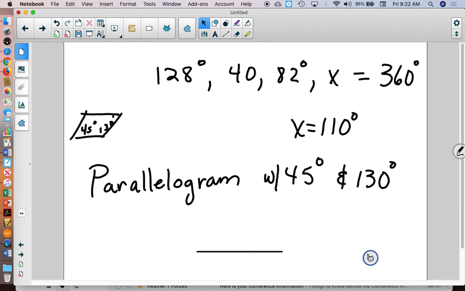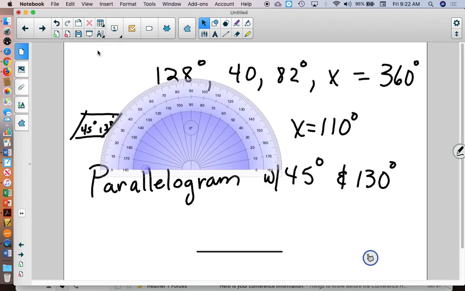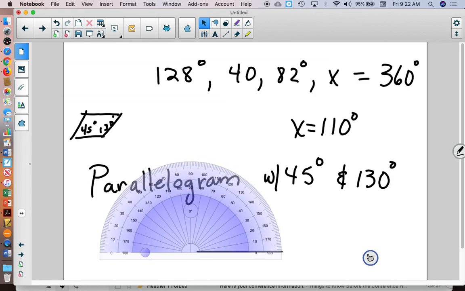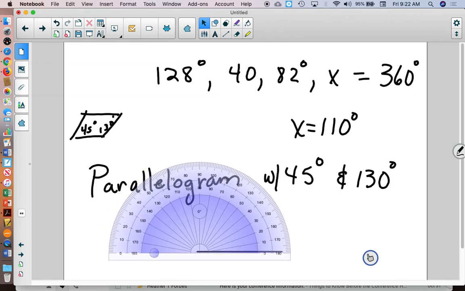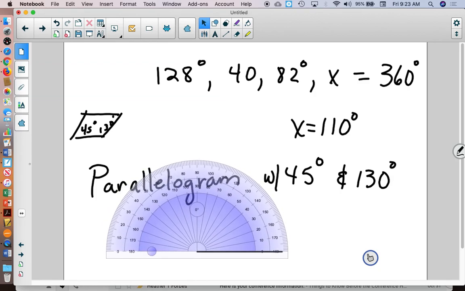Yes? You get your protractor, and I bring it down, and I set it up on that vertex. And I come out here because it's going to go like this. I find 45 degrees and I put a mark.